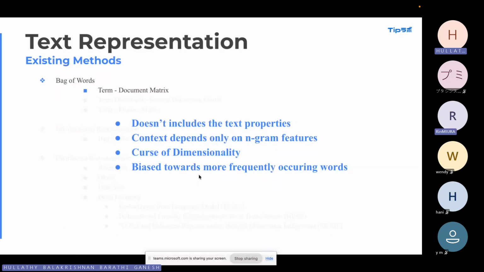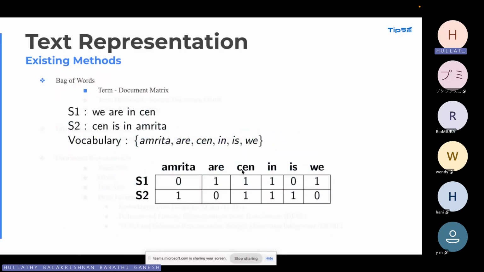But if you look into the problem of this specific matrix, it doesn't capture how the words are ordered, and the syntax, meaning the structure of the sentence, is also missing.